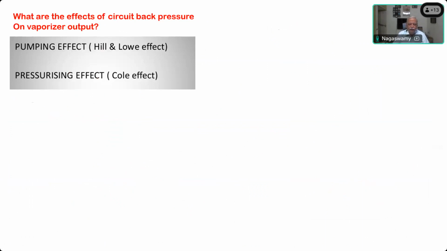So when you squeeze the bag, there will not only be a pressure transmitted towards the patient, but can the same pressure go backward also? Yes, sir. So it will go and block the output end of the vaporizer.